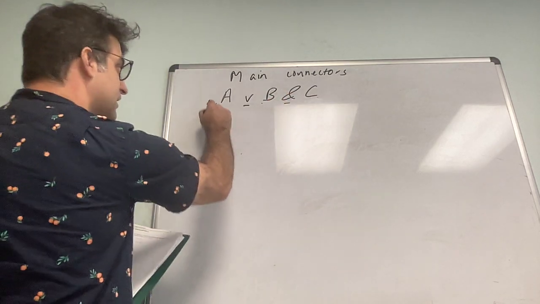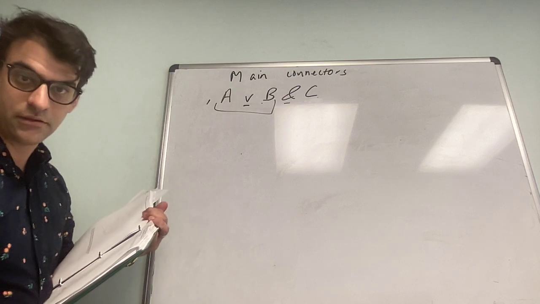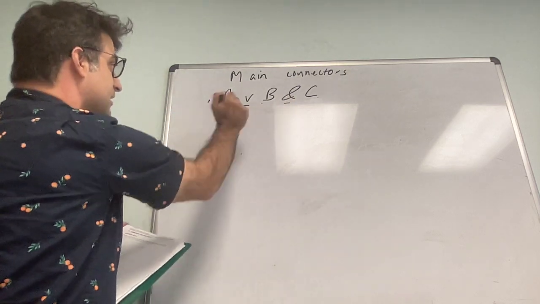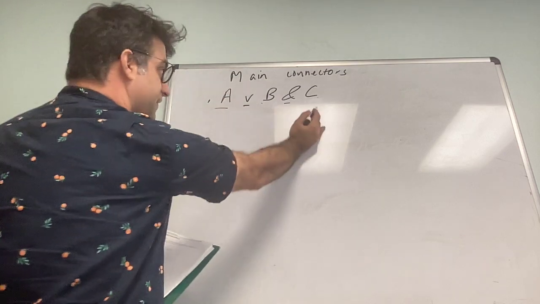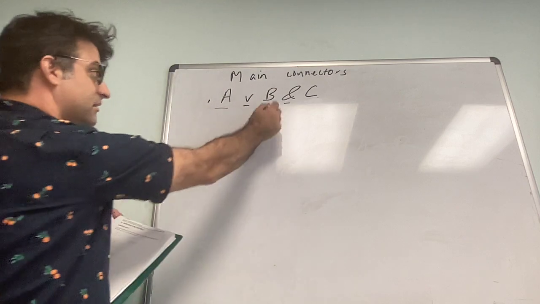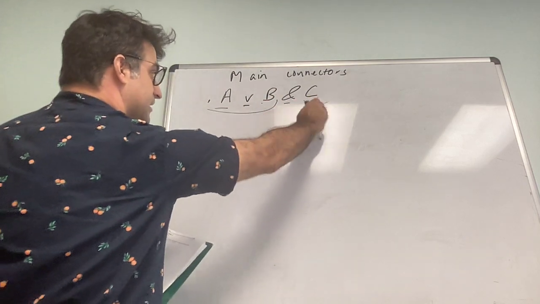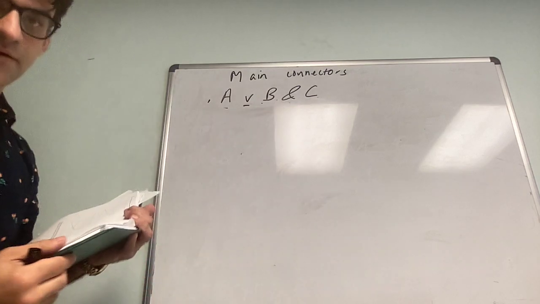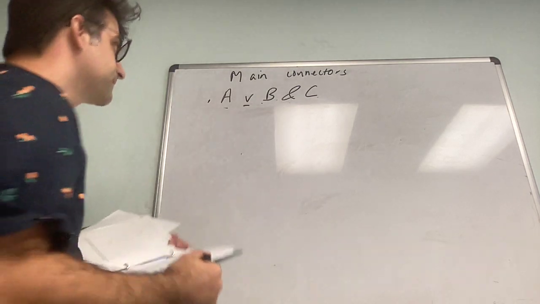Now, does this or connect this A and B? Is that the left and right side? Or does it connect, is this A its left side and this whole thing its right side? Same thing with the and. Is everything on the left side? Is it connecting like this? Or is it just connecting this B and C? And we clear that up with punctuation.